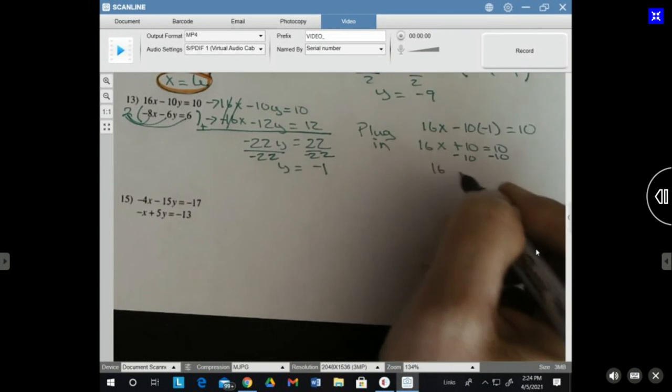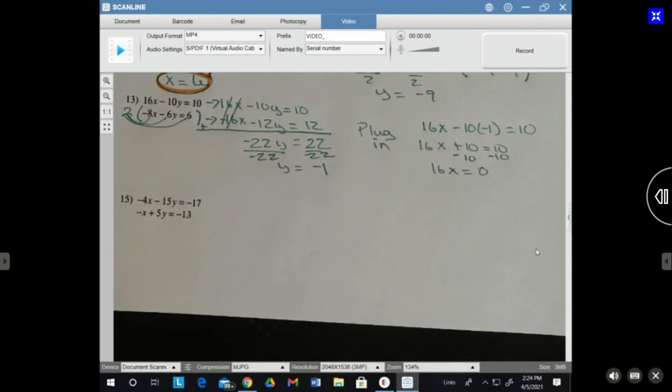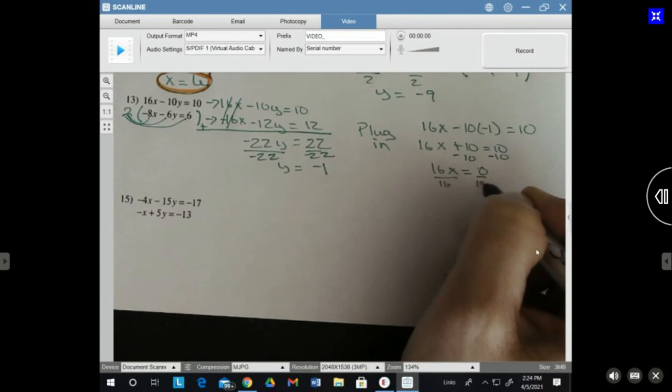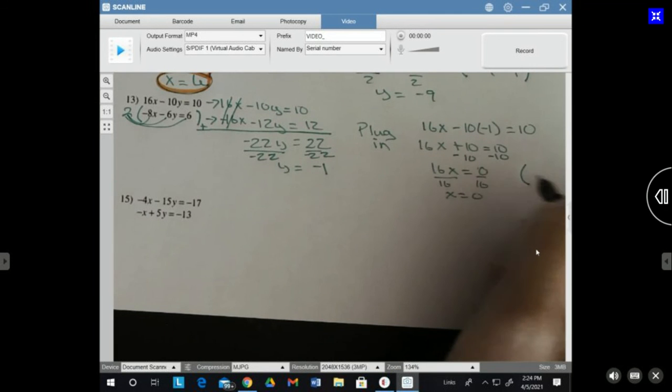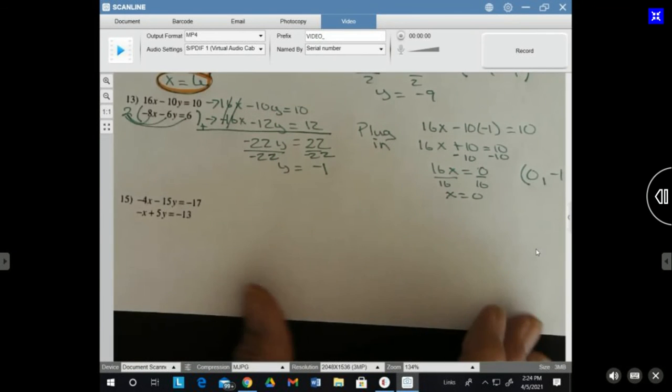What is the only number that you're going to multiply by and end up with a 0? X equals 0. So my coordinate is 0, negative 1. Be careful on your order tomorrow or Wednesday. Make sure that you always put your X first.